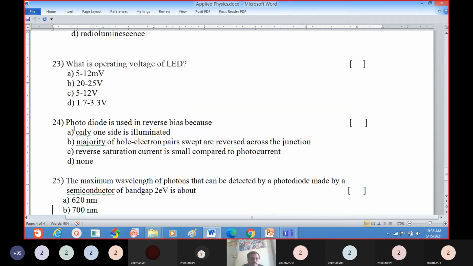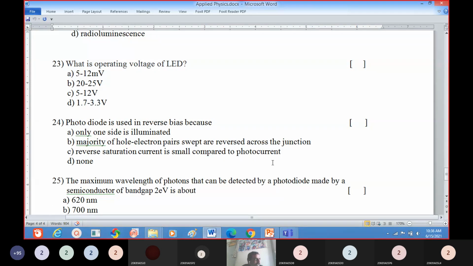Next, a photodiode is used in reverse bias because of what reason? Reverse saturation current is small compared to the photocurrent, that is the correct answer. The first option, only one side illuminated, is wrong, because which side is illuminated is not a matter. The option that majority of the electron-hole pairs are swept in reverse across the junction is also wrong. So option C is the right answer.